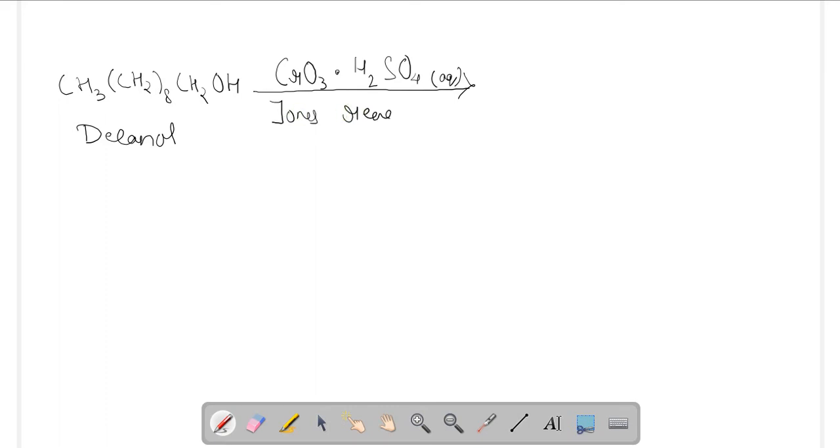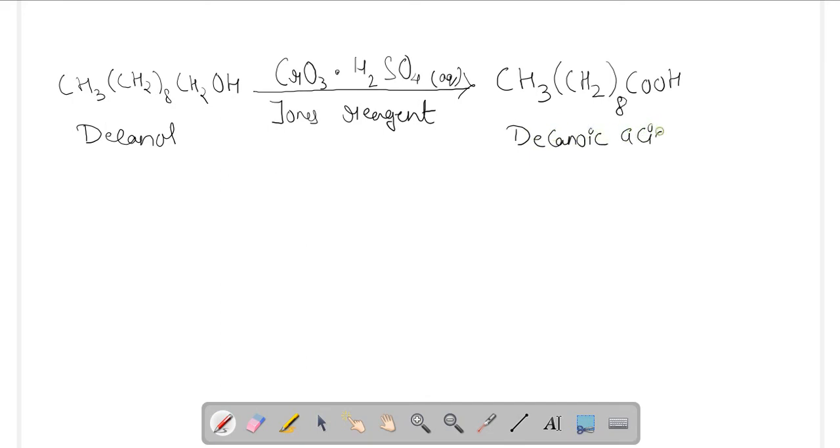On reacting with Jones reagent, very large molecules such as decanoic acid can be formed. So this was the method for preparation of carboxylic acid from primary alcohols.